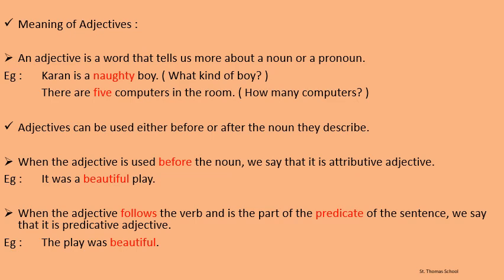When the adjective is used after the noun, it is known as predicative adjective. So you have to just simply keep this in mind. When adjective is placed before the noun, it is attributive adjective, and when the adjective is placed after the noun, it is known as predicative adjective.